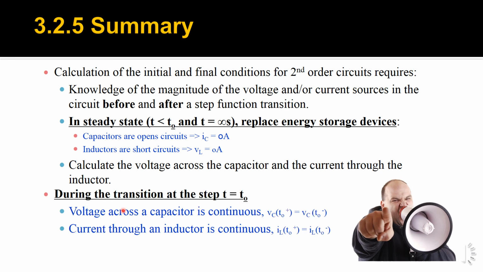As for the summary on this boundary condition, or the initial and final condition for a second order circuit, you need to know the magnitude of voltage and current sources in the circuit before and just after a step function is applied. So in a steady state at t less than 0 and t equals infinity, you replace the energy storage devices, capacitors with open circuit and inductors with short circuit.